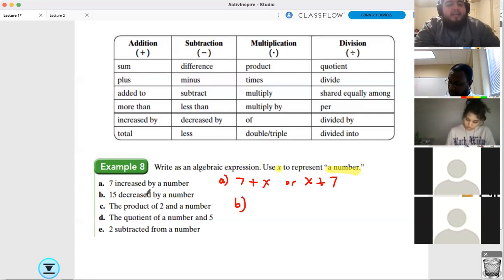If I said 15 decreased by 5, what would you write? 15 take away 5, right? But we don't want 5, we want a number, so it'll be 15 minus X. For B, 15 decreased by a number is 15 minus X.